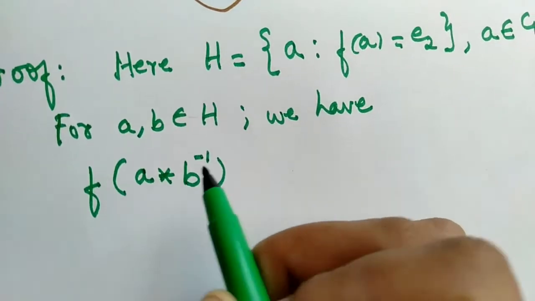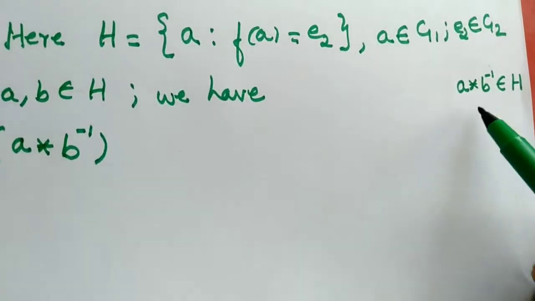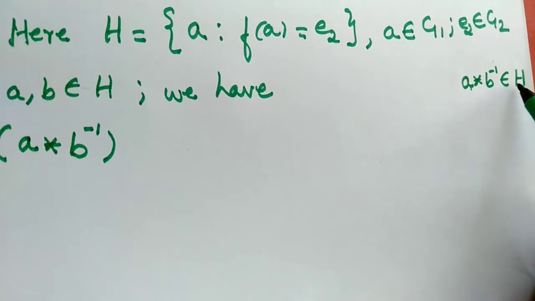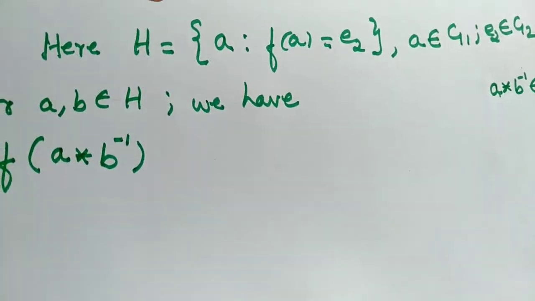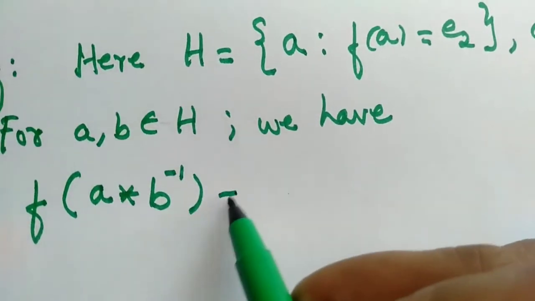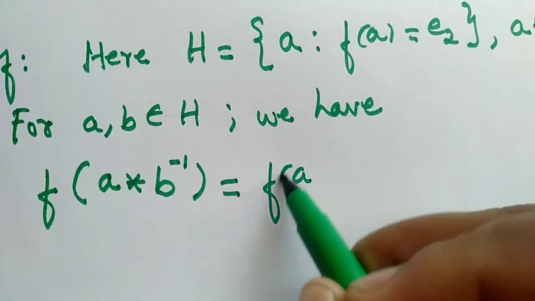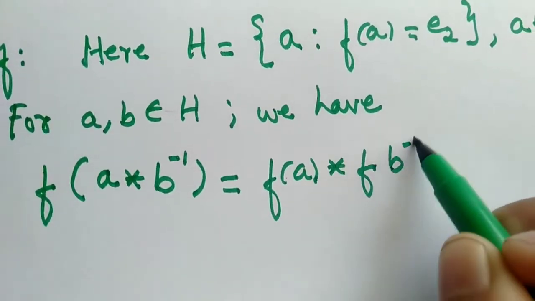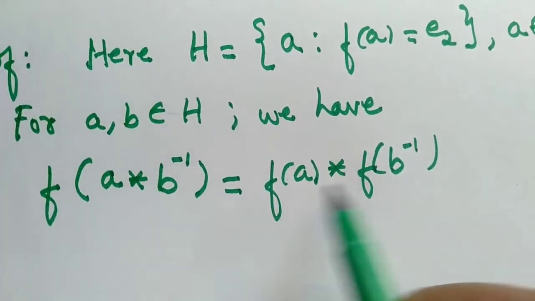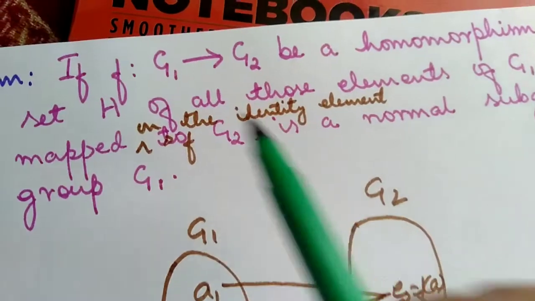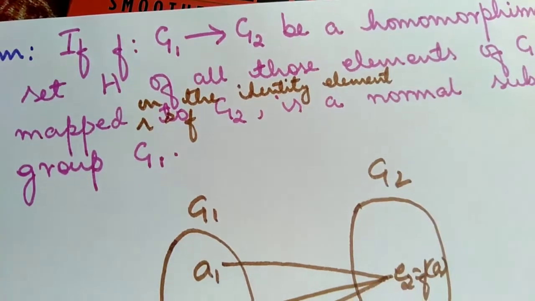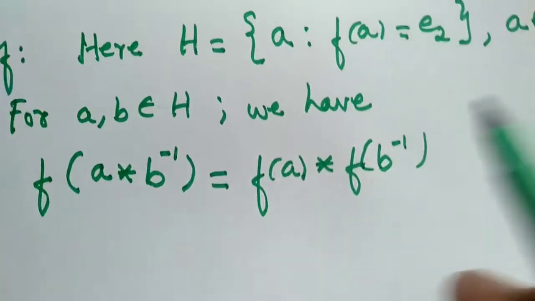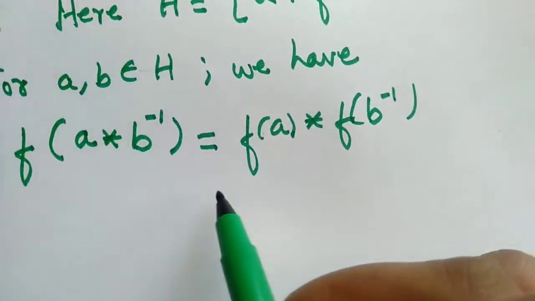Now why do I take the inverse? Because I want to show that A star B inverse belongs to H. It is equal to F(A) star F(B) inverse. Why? Because it is a homomorphism. That's why I can write like this.